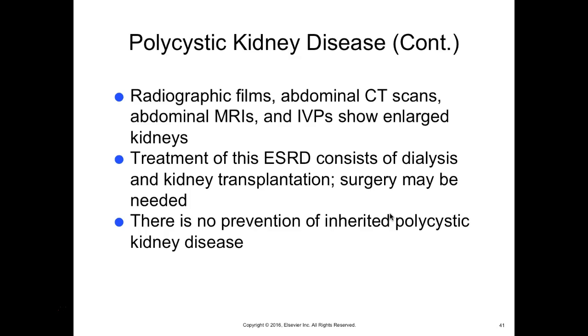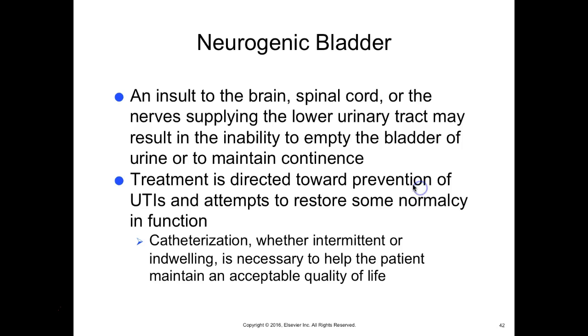So treatment of this, it's going to cause end-stage renal disease, consists of dialysis, and then eventually, hopefully, a kidney transplant and surgery. There's no prevention of the inherited polycystic kidney disease. So this person with polycystic kidney disease is either going to need dialysis, a kidney transplant, or they would die.